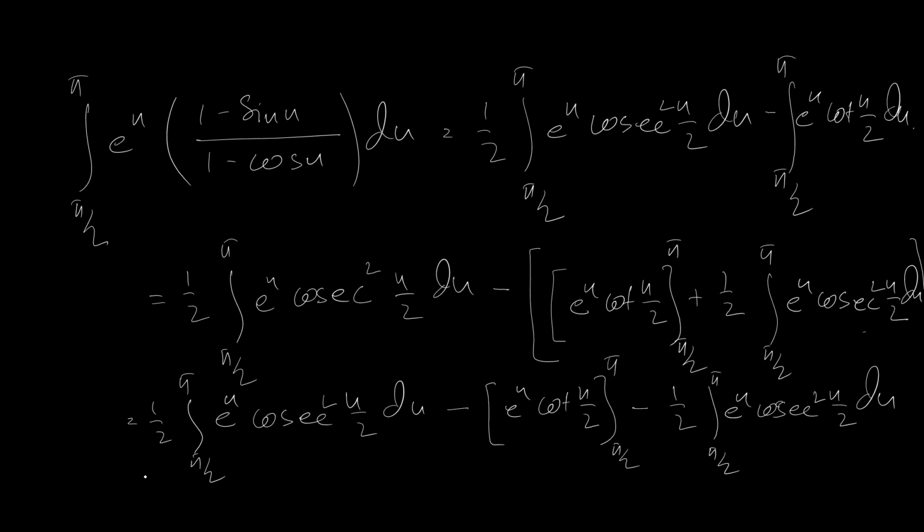Now you see this whole part and this whole part cancel out. These two parts cancel out, so ultimately I get minus e^x cot x/2 from pi/2 to pi.